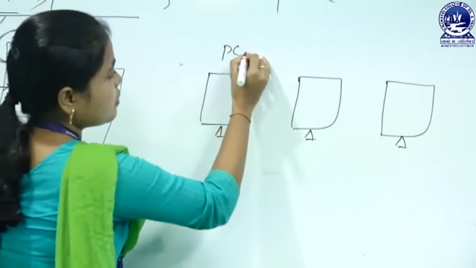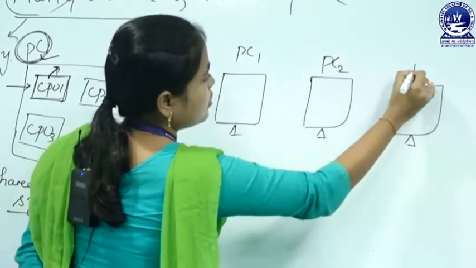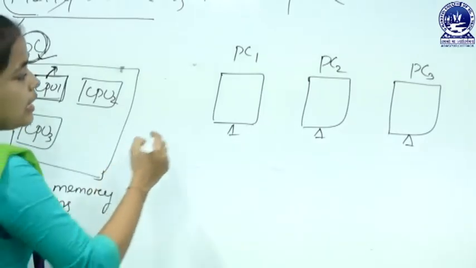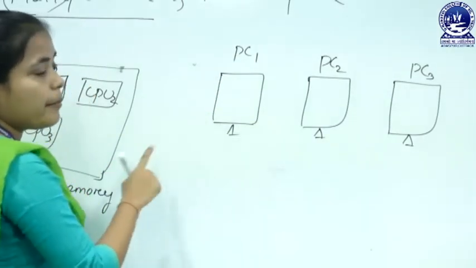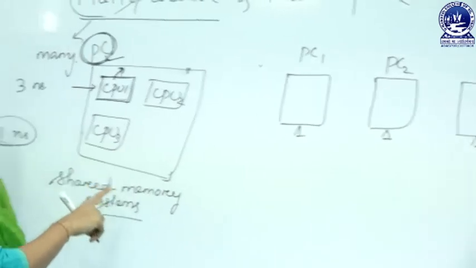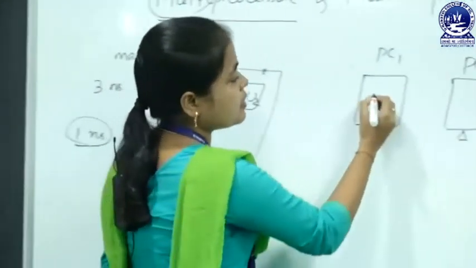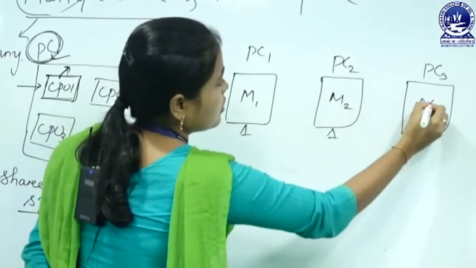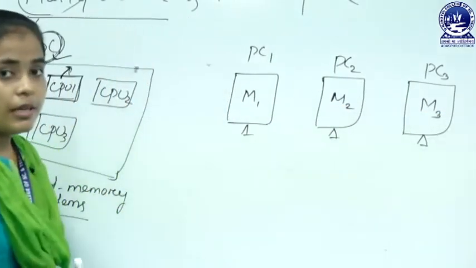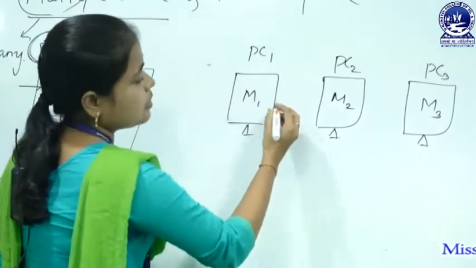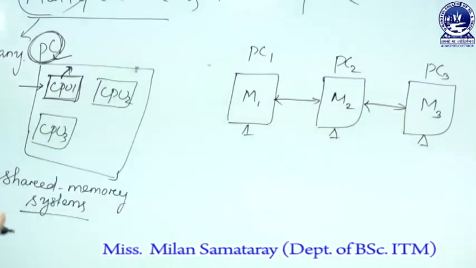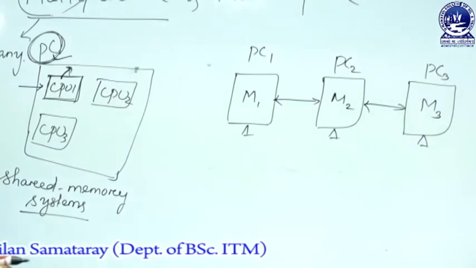Let this be PC1, this PC2 and this PC3. Okay. And each system has its own processor and its own memory space also. And these PCs are connected through a network. It forms a network of computers.